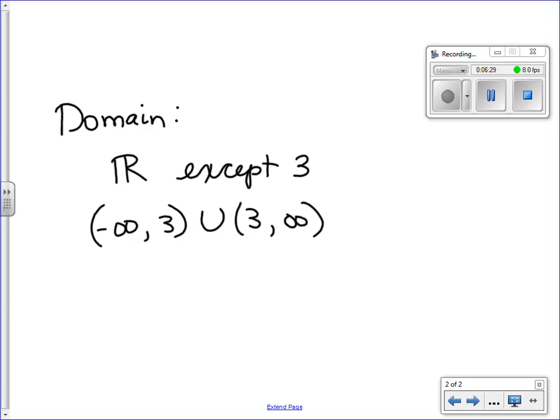I could write it like that. I could write x such that... no, the other way. I like that. This is my favorite.